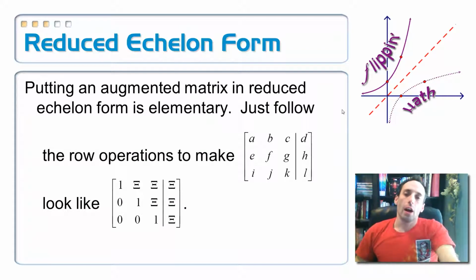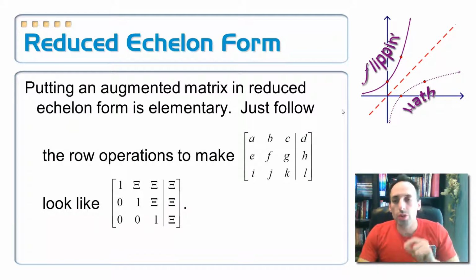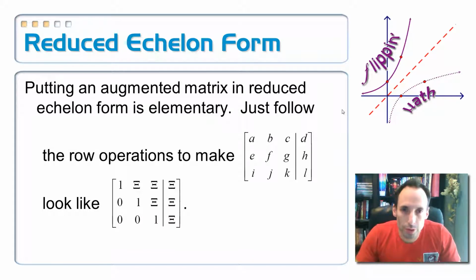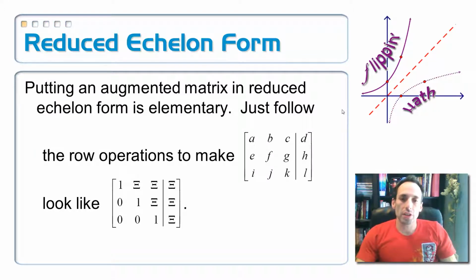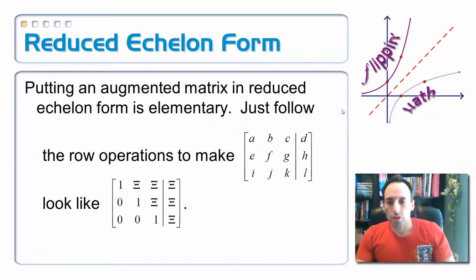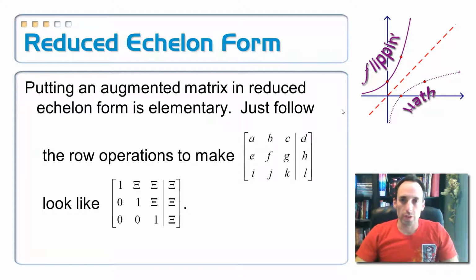Putting an augmented matrix in reduced echelon form is elementary because you're using elementary row operations, right? So let's say this is the augmented matrix that you have, with all those letters A through L in it, and we want to try to make that matrix look like the one with all the funky symbols on it.